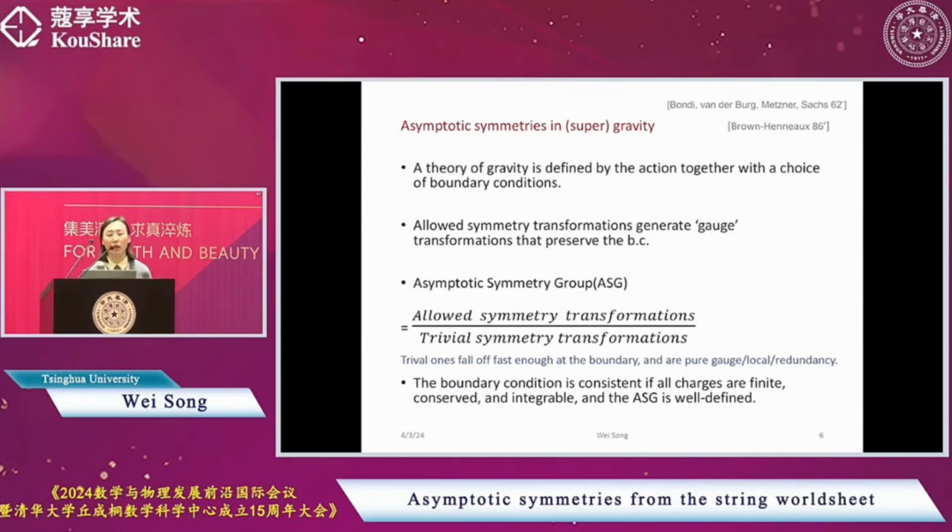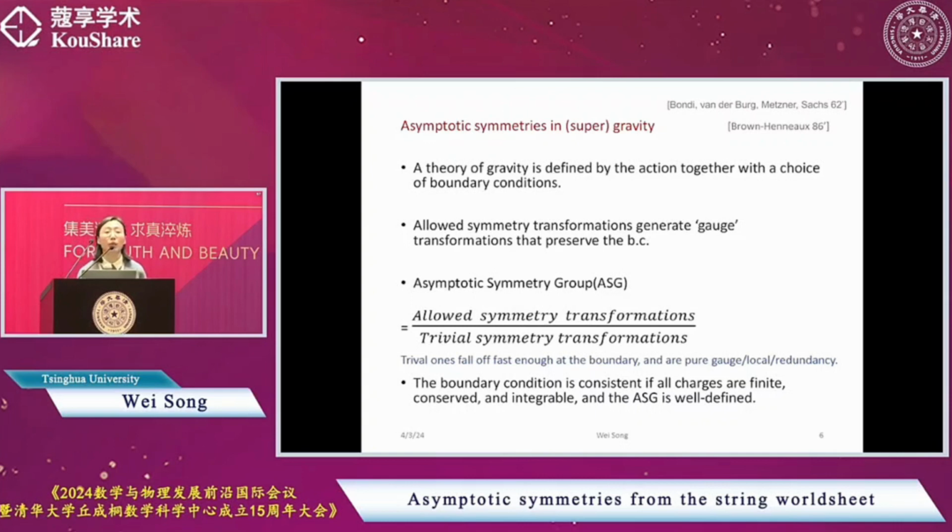Of course, there are transformations that are very local. They only happen in the middle of the space-time and will have no effect at infinity or the boundary. Then such transformations will still be gauge redundancy, and these are called trivial symmetry transformations.